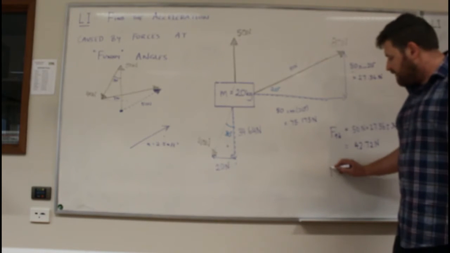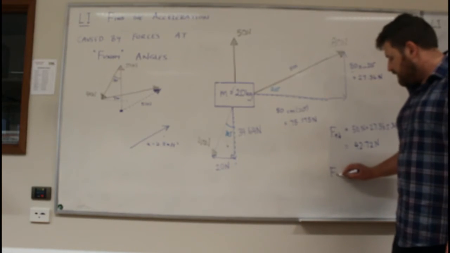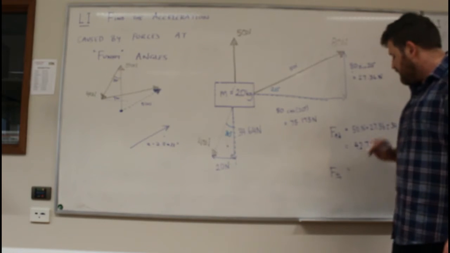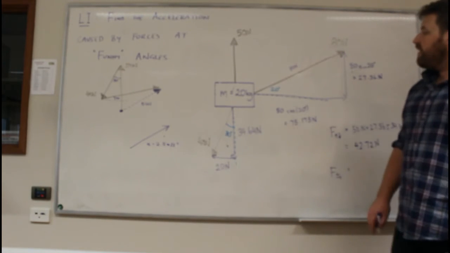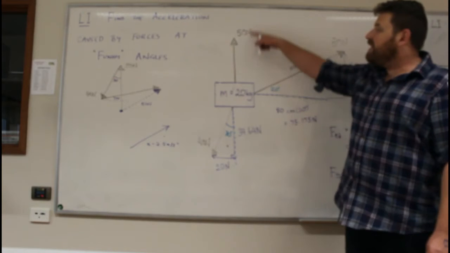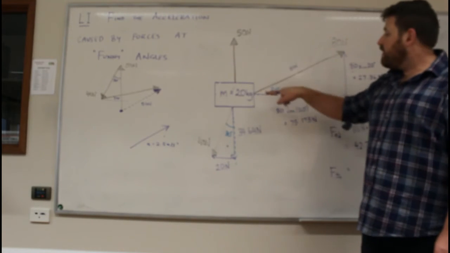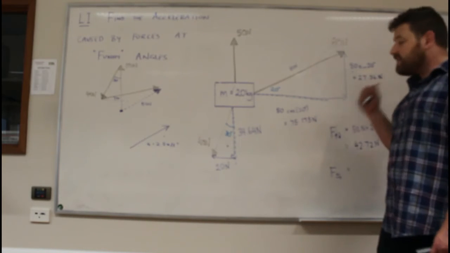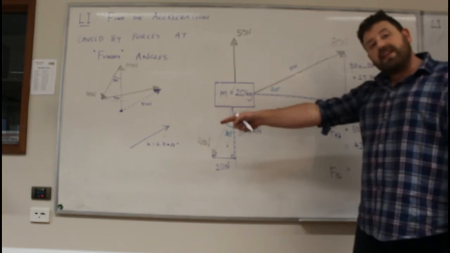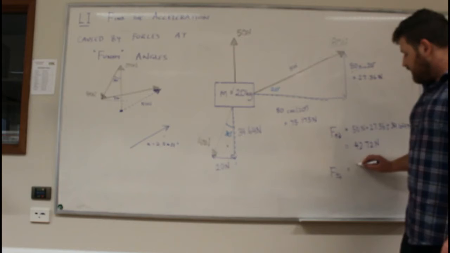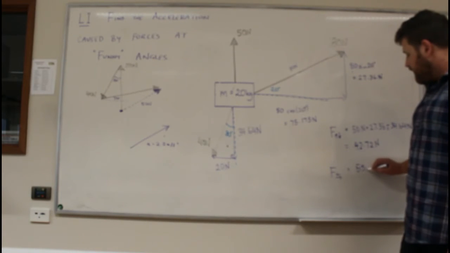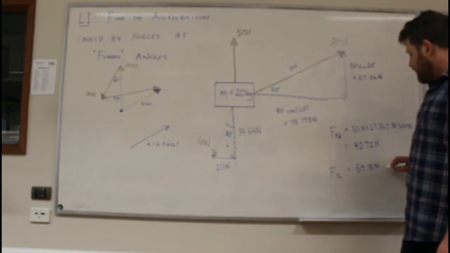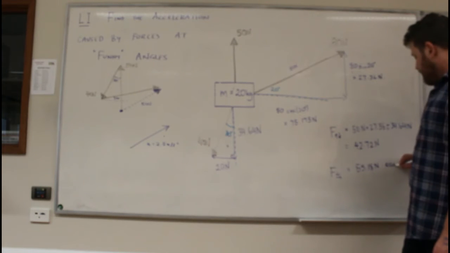And what about our left and right forces? This one here doesn't have any left and right component. This one points 75.175 to the right. This one's 20 newtons to the left. So our total is going to be 55.18 newtons right.